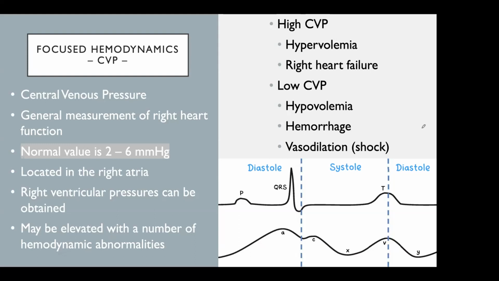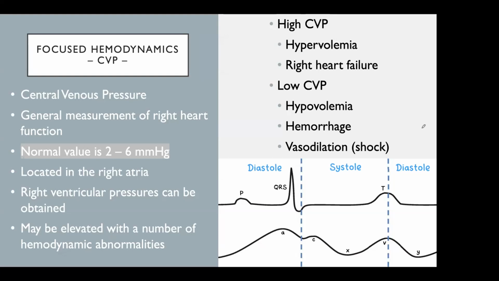These are going to be your two big indicators or objective findings when you're looking at high CVP on a monitor. And with right heart failure, as the RT, you're going to have access to the patient's chart, so you'll be able to see, have they been diagnosed with right heart failure? If so, then that is to be expected.